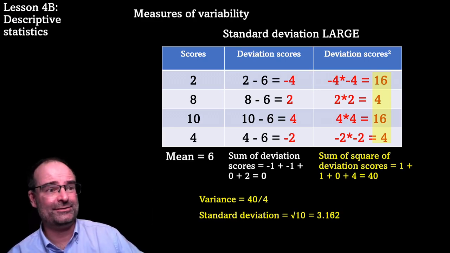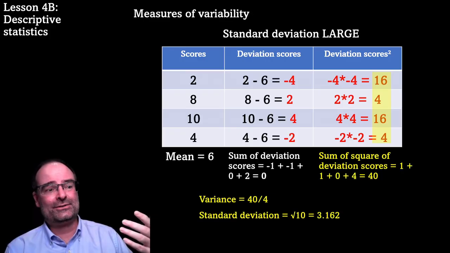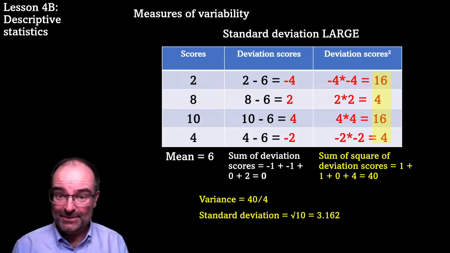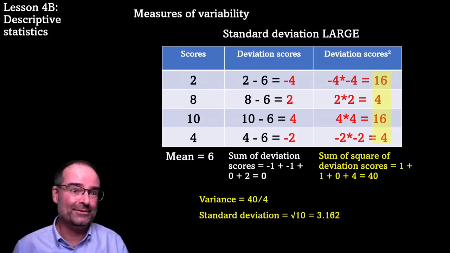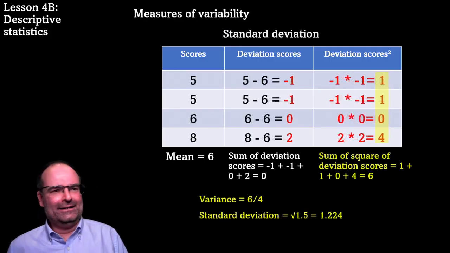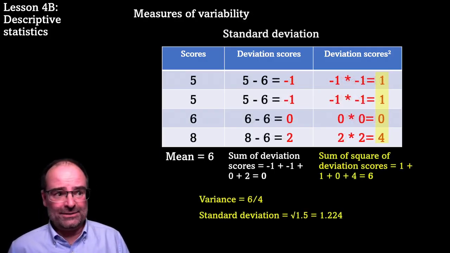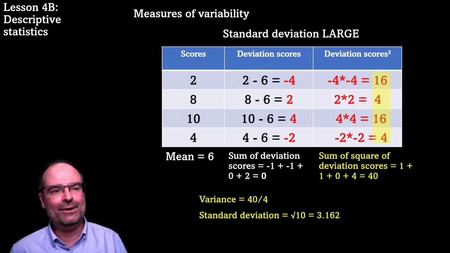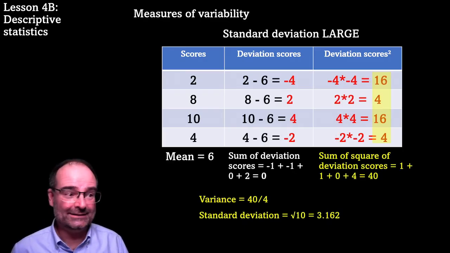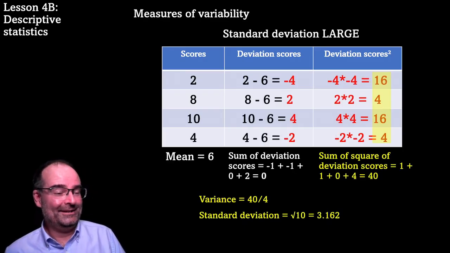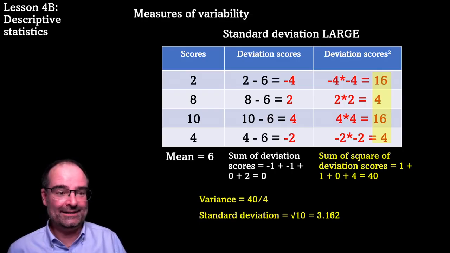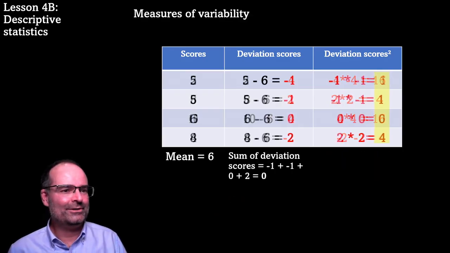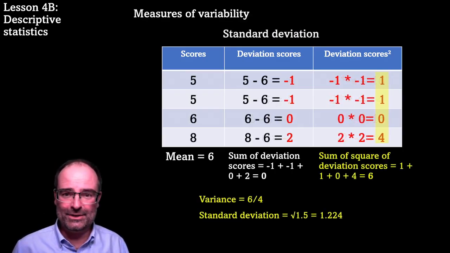The deviation scores have rocketed up. The deviation scores squared have rocketed up even further. I'll switch back and forth a few times. The sum of the squares of deviation scores was only 6 in this low variance sample, but now it's rocketed up to 40. That gives a very high variance and a standard deviation of 3, whereas before the standard deviation was only 1.2.